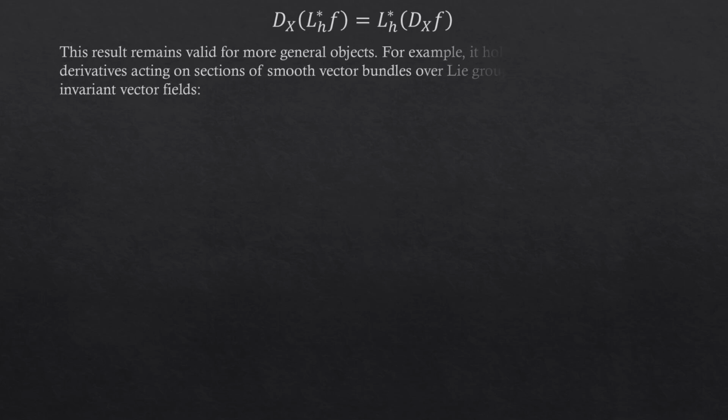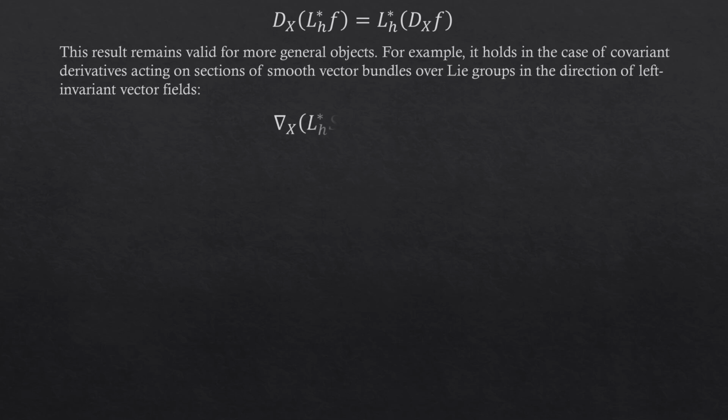This result remains valid for more general objects than just functions. For example, it holds in the case of covariant derivatives acting on sections of smooth vector bundles over Lie groups in the direction of left-invariant vector fields.